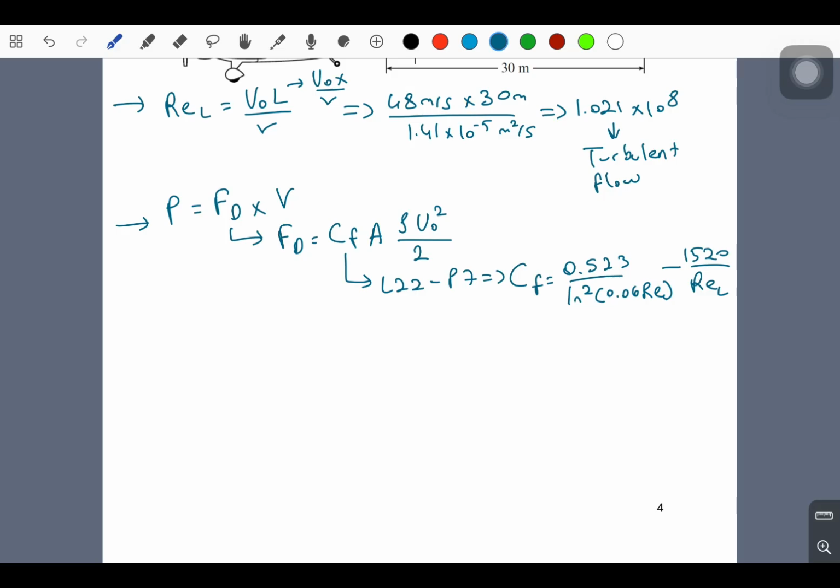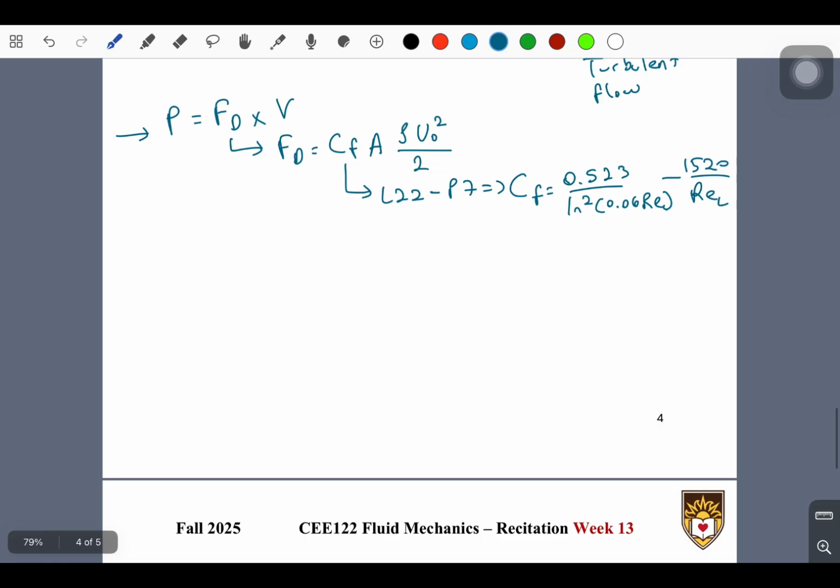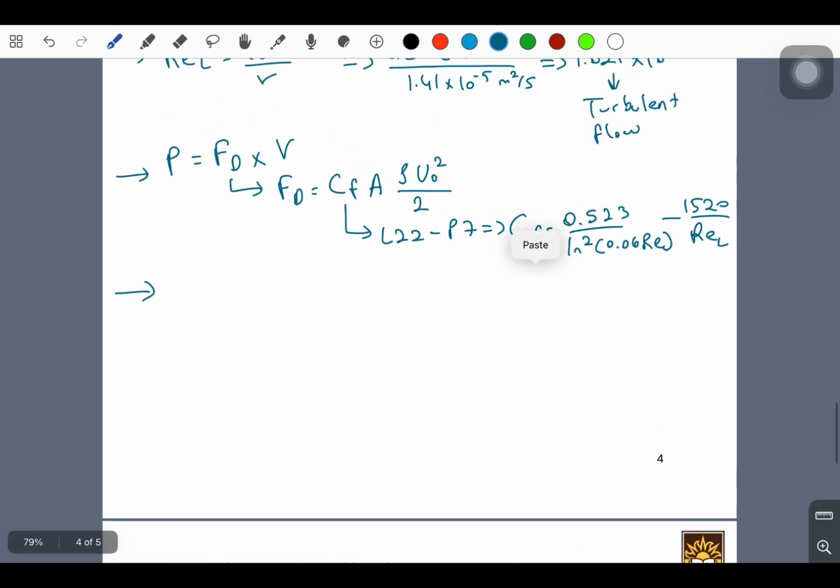So this gives the drag force coefficient so that we can calculate the drag force, and then we can calculate the power required. And yes, this is coming from page 7. And the drag force is in page 8.